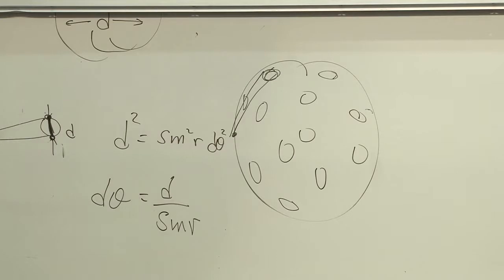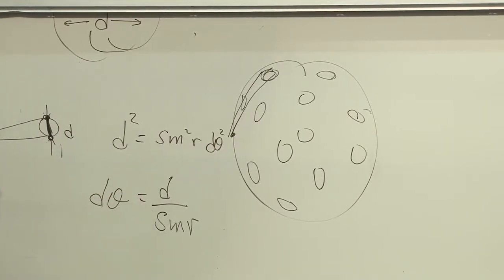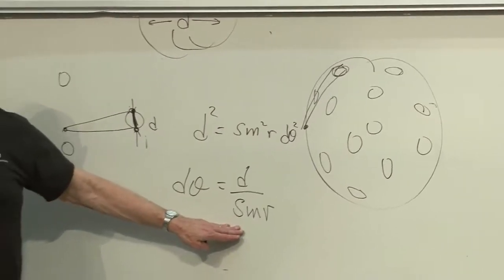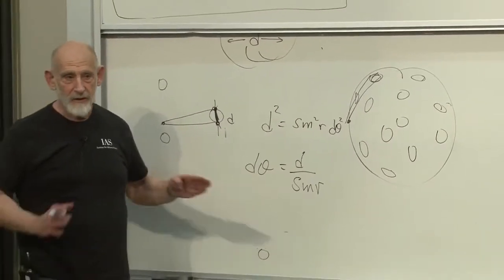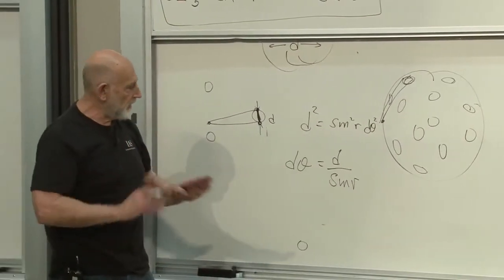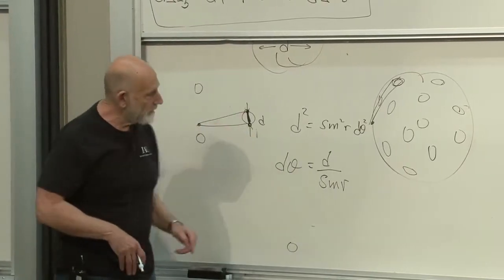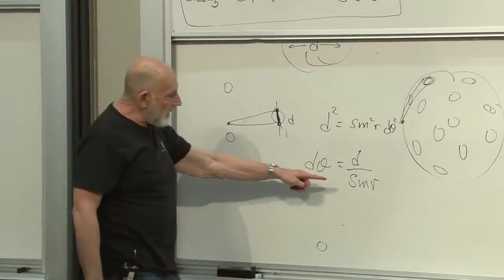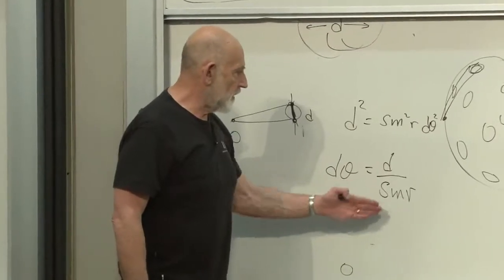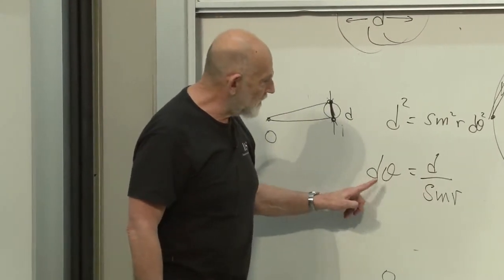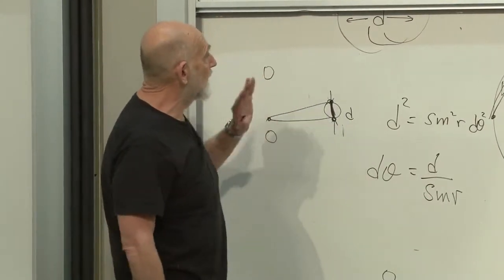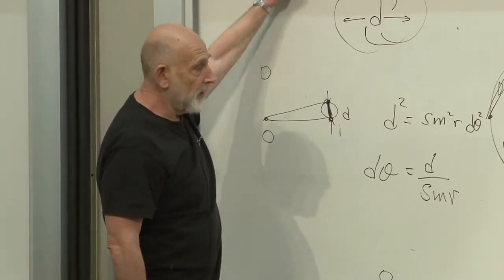What does that mean? Which is bigger at a given distance? Well, sine r is smaller than r. R increases linearly. Sine r turns over. So sine r is smaller than r. That means d theta is bigger than it would have been in the flat case.